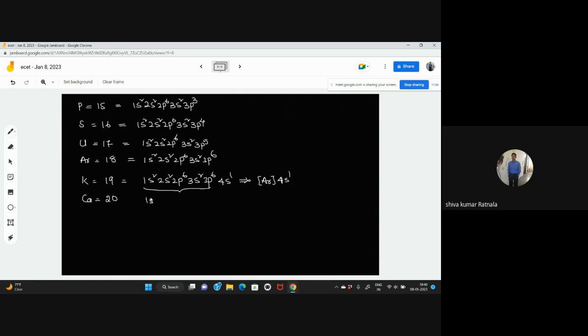Calcium, it will be 1s2, 2s2, 2p6, 3s2, 3p6, 4s2. That is argon core 4s2. Likewise you can write. Okay?